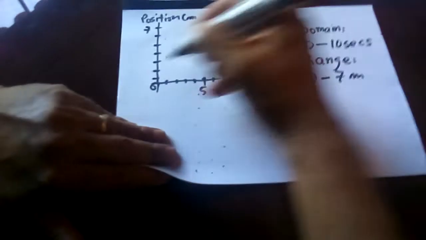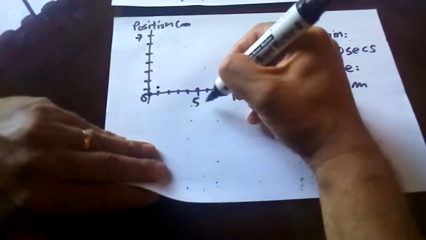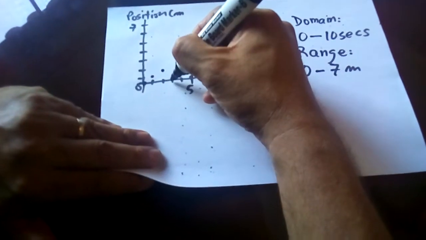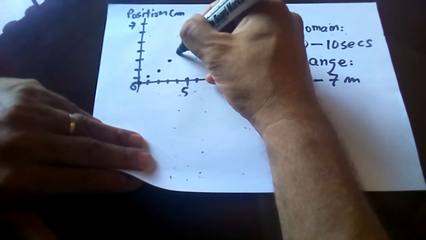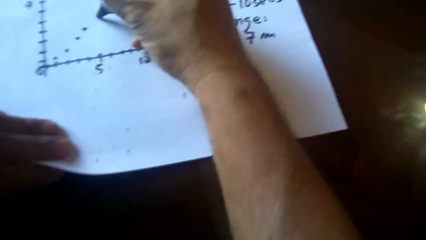When the time was 0, he was at 0. When the time was 1, he was in 1. When the time was 2, he was in 2. When the time was 3, he was in 3. When the time was 4, he was in 4. When the time was 5, he was in 5.